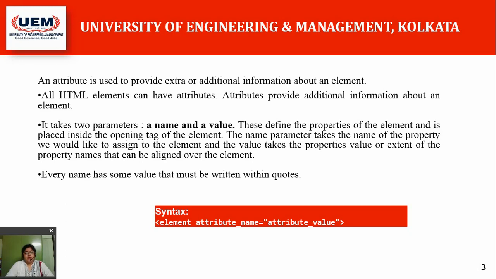The name parameter takes the name of the property we would like to assign to the element, and the value takes the property's value or extent of the property. Every value must be written within quotes, within double quotation or single quotation.